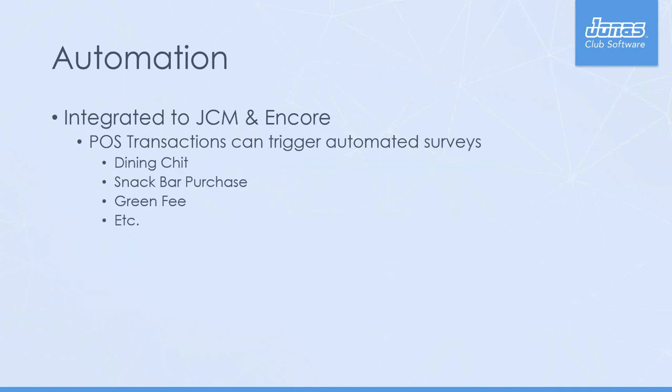Like I earlier mentioned, the automation takes a little bit of the burden off of you at the club to send out the surveys as well as follow up on the feedback you receive.